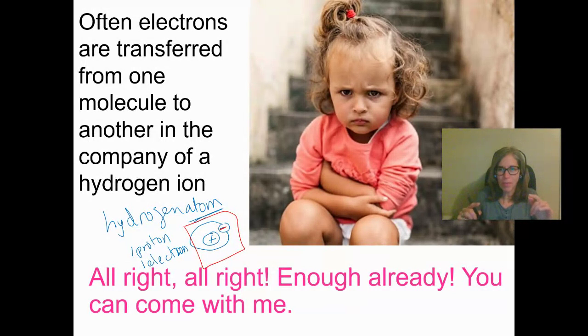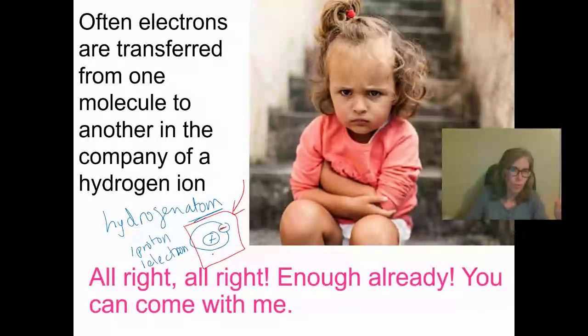Think about if you're a molecule and you've just gotten a hydrogen atom, meaning the whole thing. You've got the electron, which means you've got a negative, which means you're less positive, which means you're reduced, right? And I know you're not because you've got the plus, so your charge hasn't really changed, but we're still going to call it reduced because we don't really care about the protons so much. We care about the electrons. The electrons are the things that are carrying the energy.